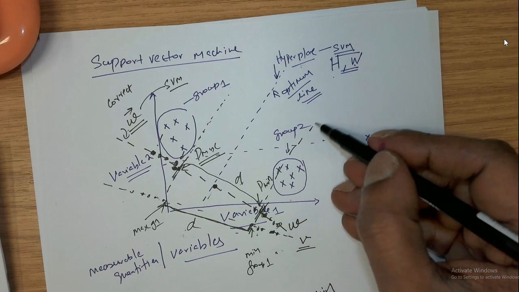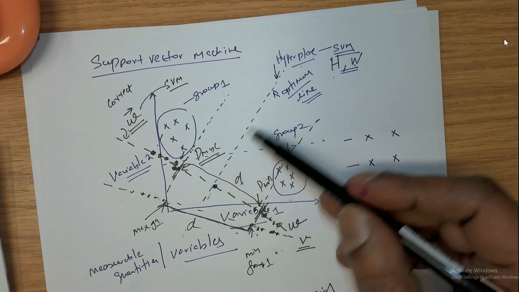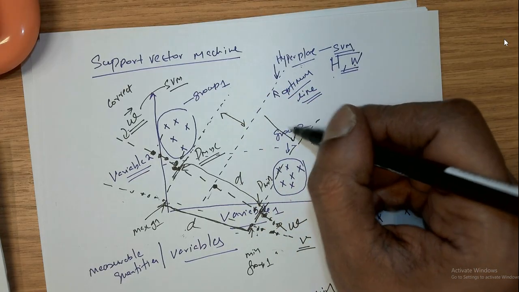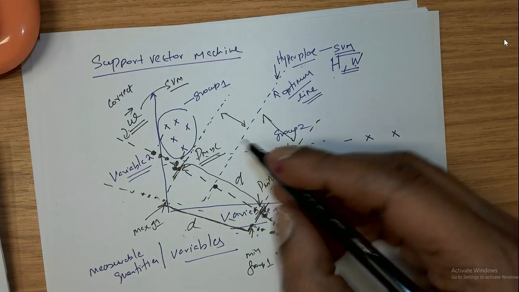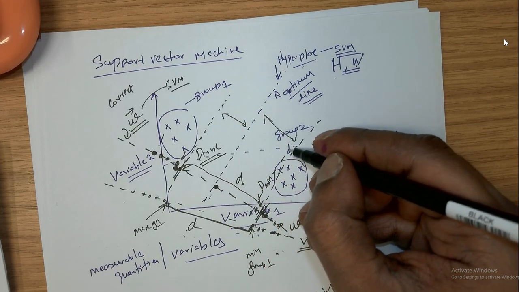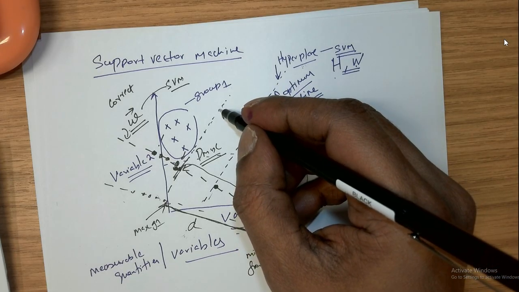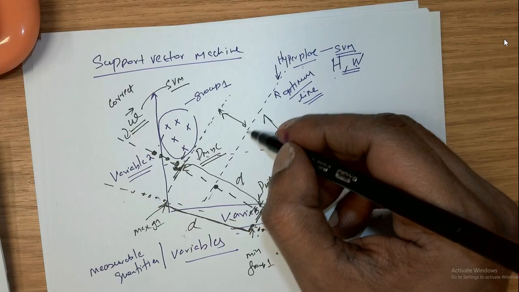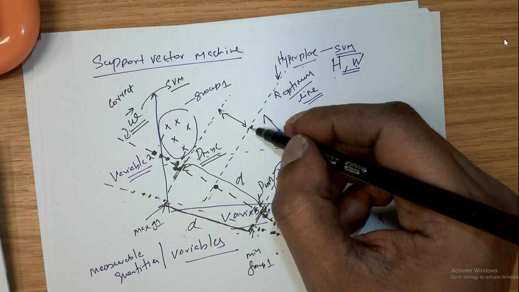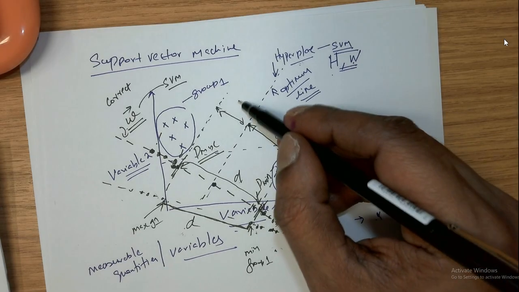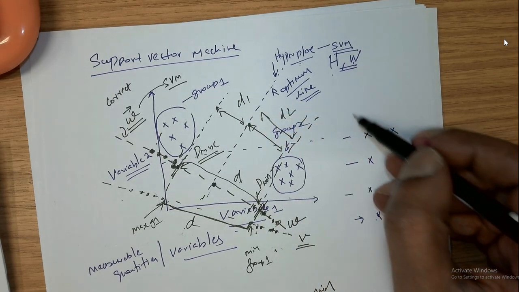So we should draw these lines parallel to the hyperplane. So this distance and this distance should be equal. So the distance between this first line and the hyperplane and the distance between the hyperplane and the second line, D1, D2, should be the same.